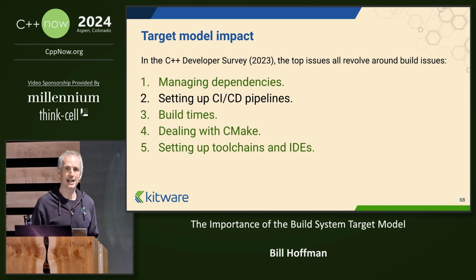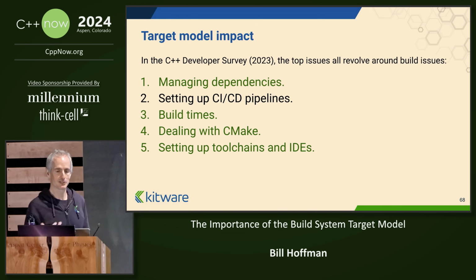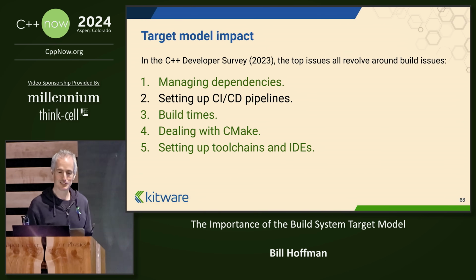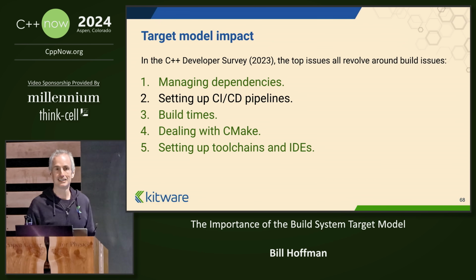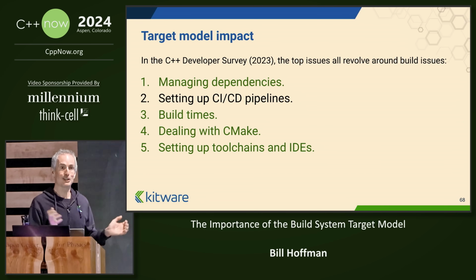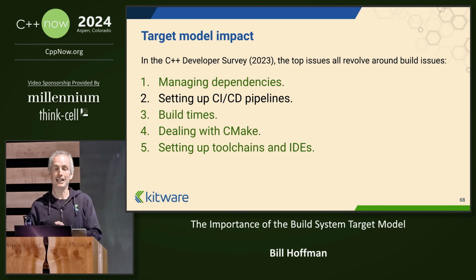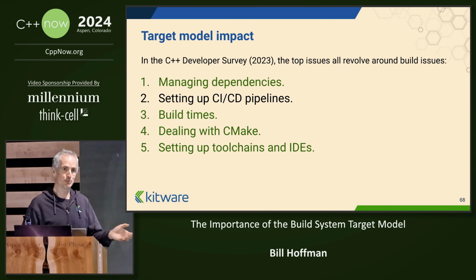And how does this impact the main problems that the C++ community is having? I would argue that managing dependencies is definitely something this can help with. Imagine a world where the build systems all have this target model, and then they can also create CPS files to communicate across the ecosystem.